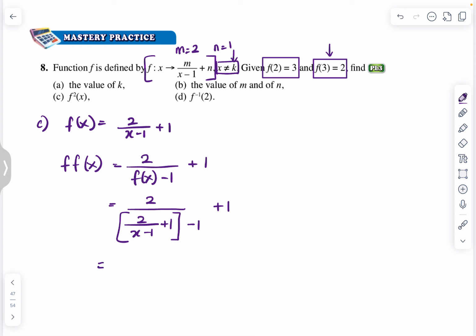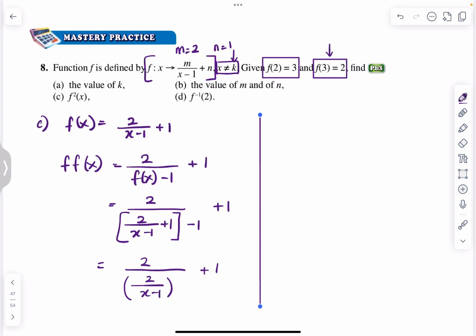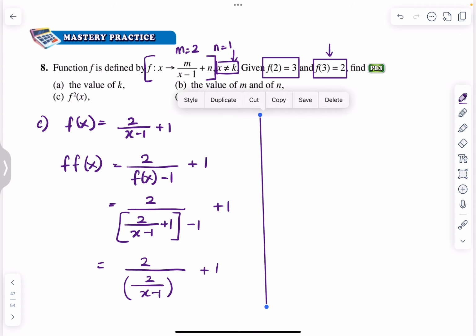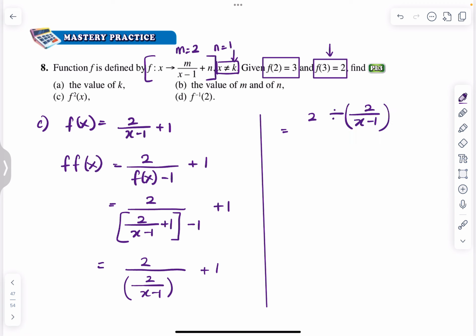So this plus 1 and minus 1 will cancel off. So we'll be getting 2 over 2 over x minus 1, plus 1. We can write 2 divided by 2 over x minus 1.